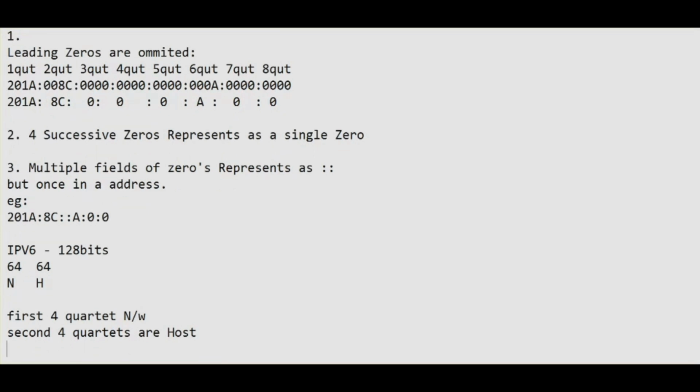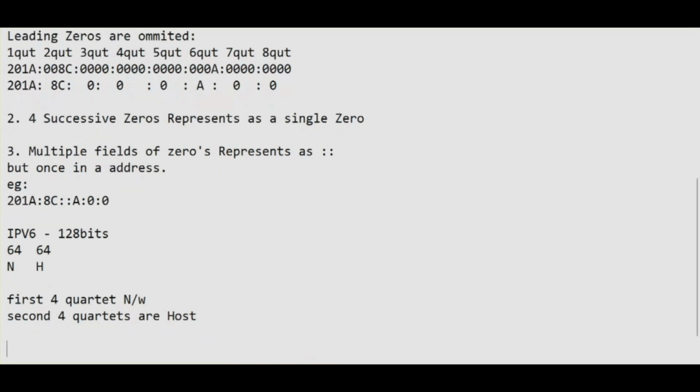So for example, assume you have a PC and you want to assign the IP address.